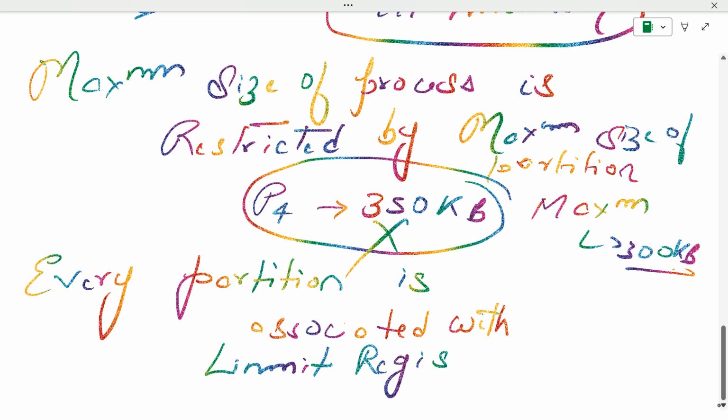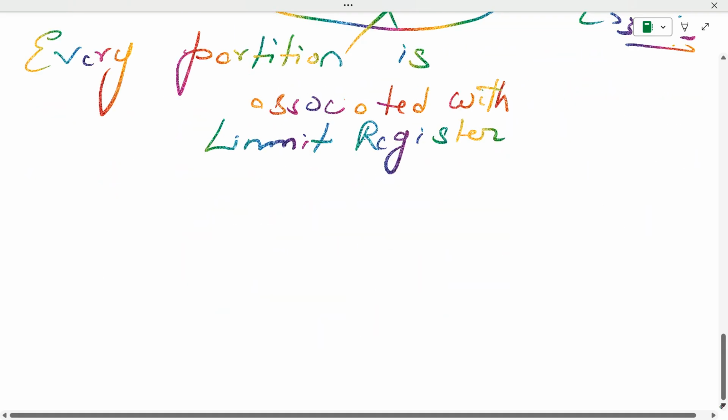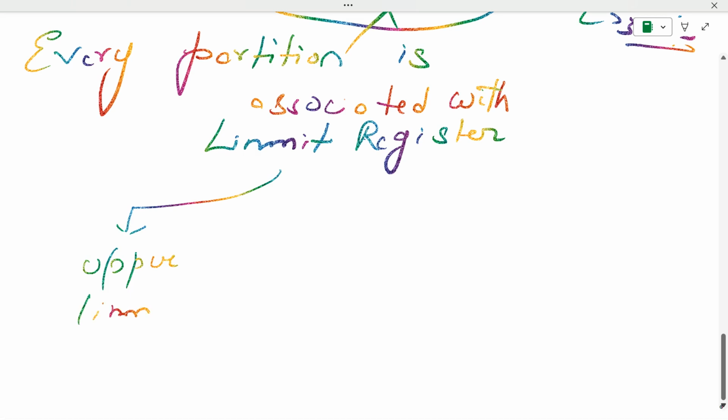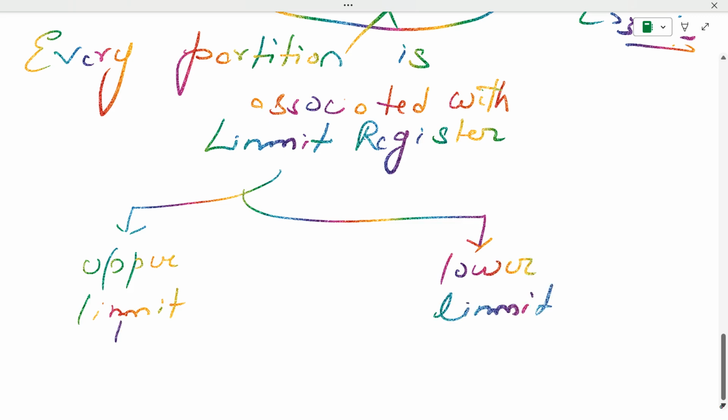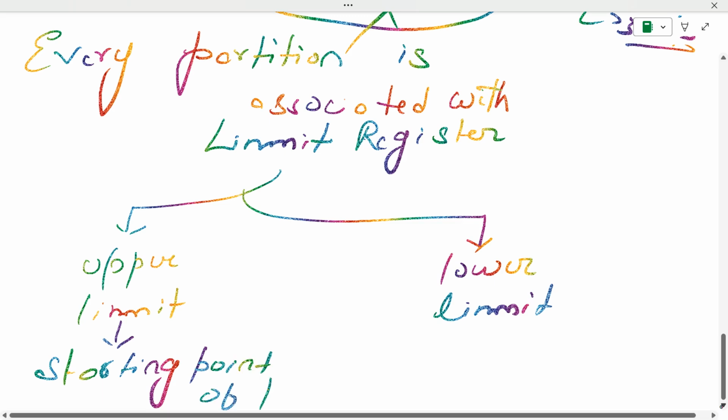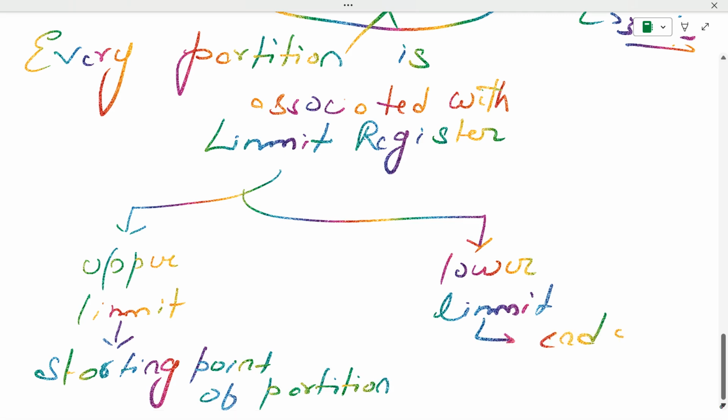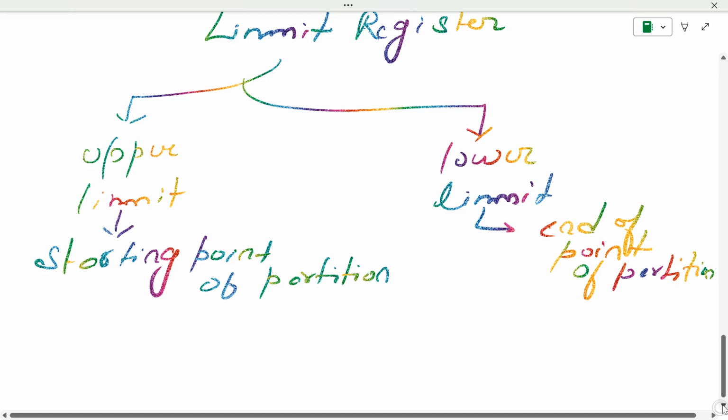For the limit register we have one upper limit, that is the starting point of the partition, and there is one more called the lower limit, that is the ending point of the partition. So this is all about fixed size partition.